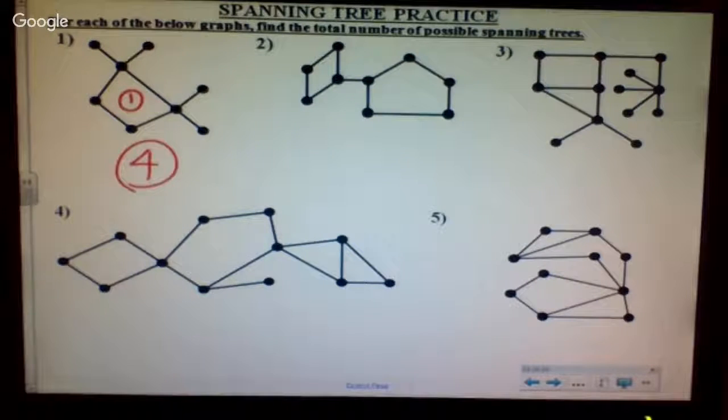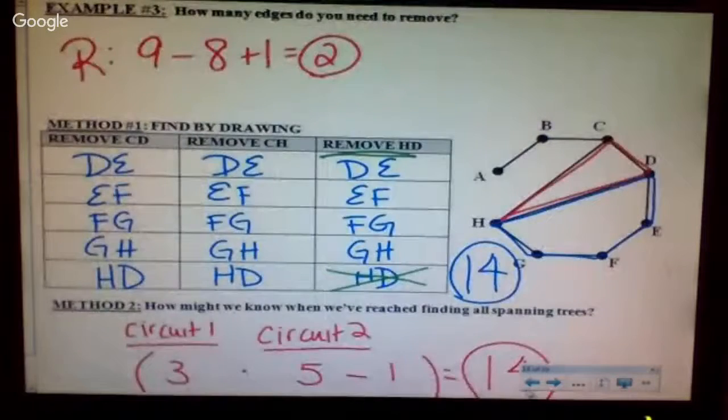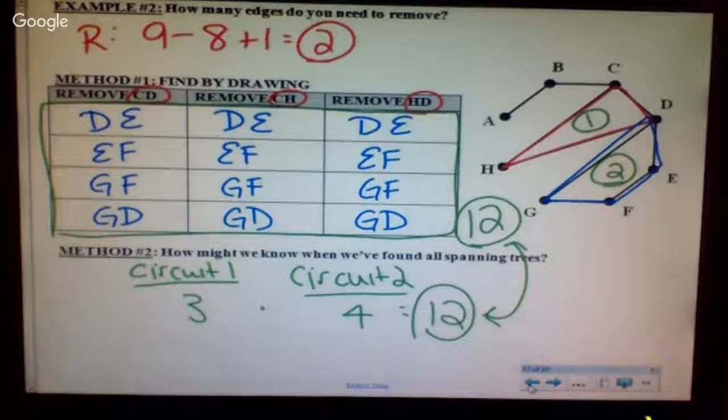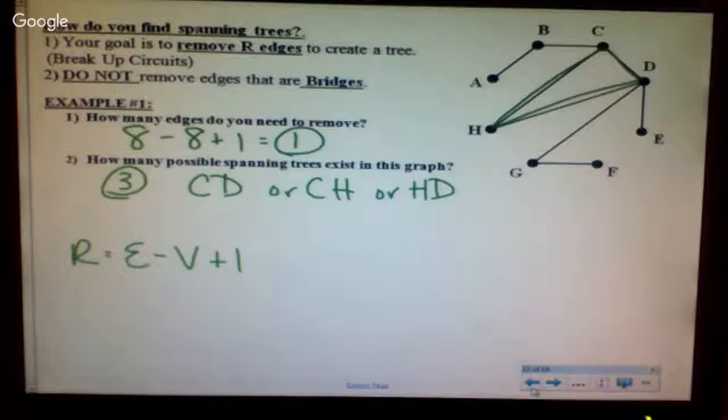You have 4 spanning trees. When there's only one circuit, you only have those options. Just like when we did this one, and we only had one circuit here. We had 3 options, each one of the individual sides. That's what that is.